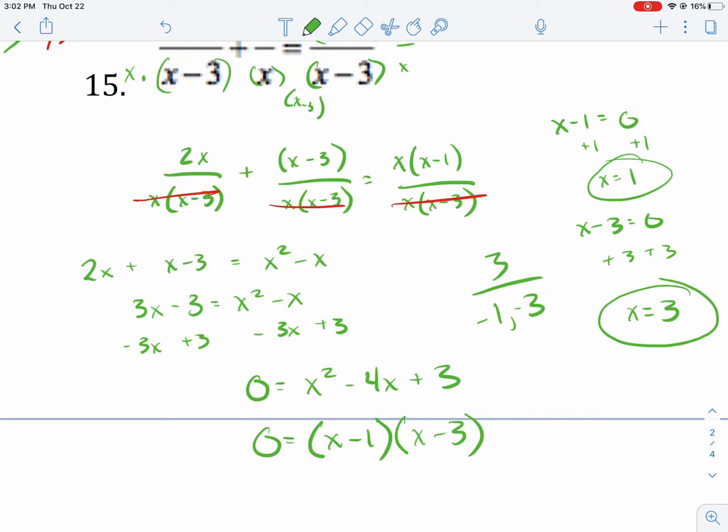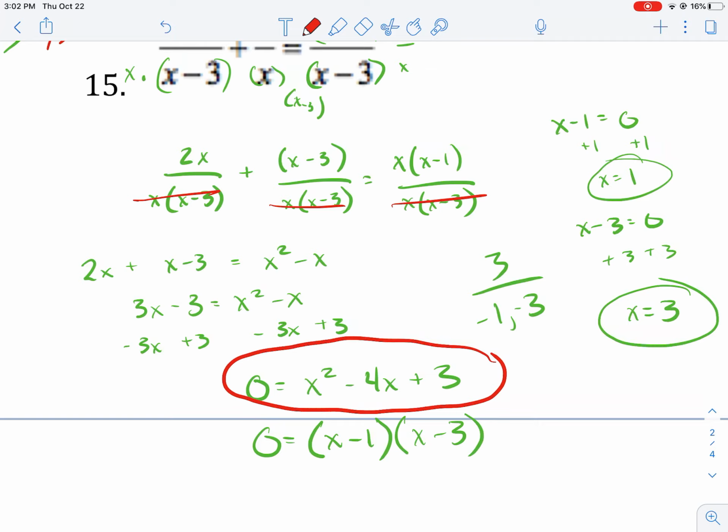And the reason why there's two answers is because this is a quadratic. We have an x squared in there, which means typically you do get two answers. Not always, but you can get two answers when solving quadratics.